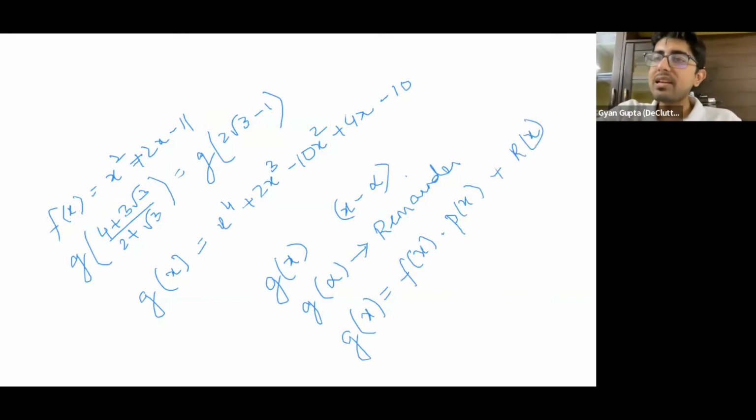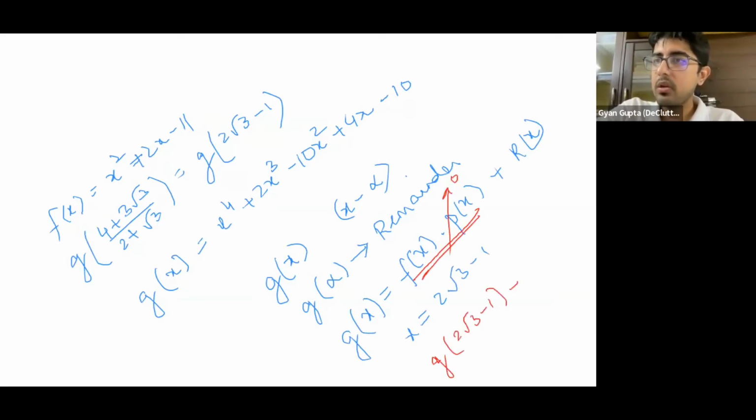And when I substitute x is equal to 2 root 3 minus 1, this part will become 0 and g of 2 root 3 minus 1 will be equal to r of 2 root 3 minus 1.